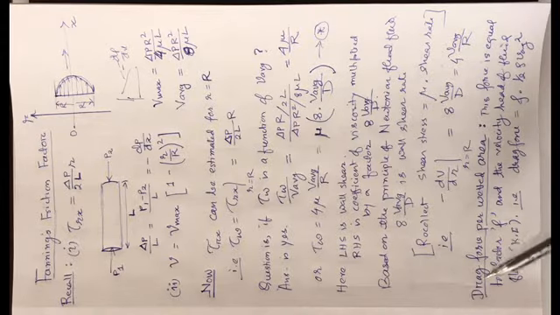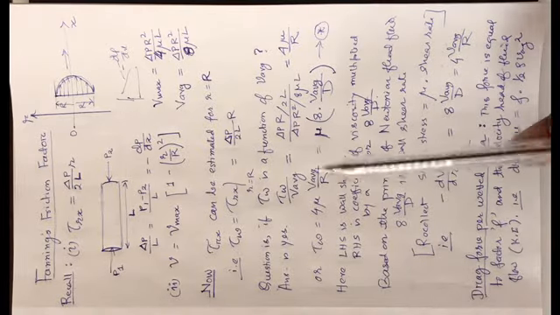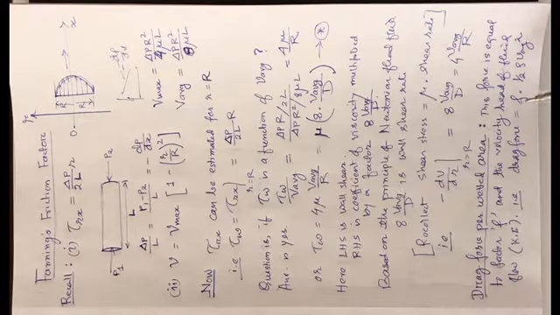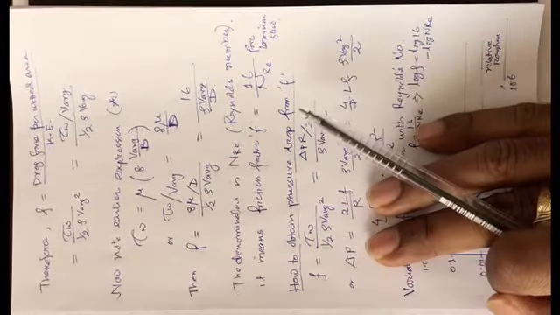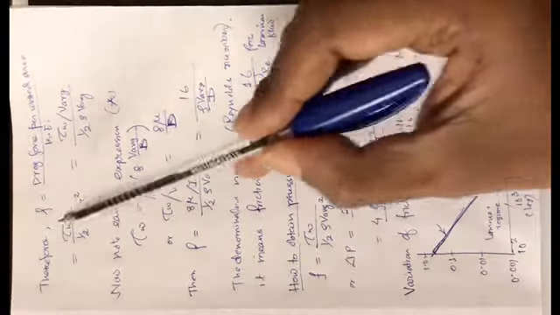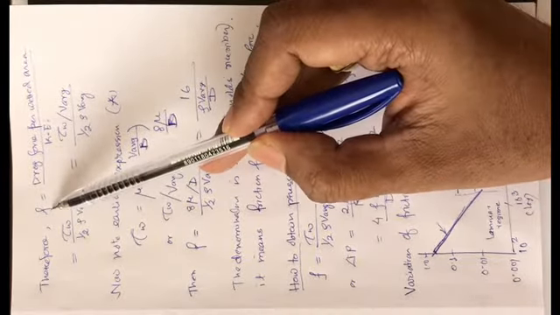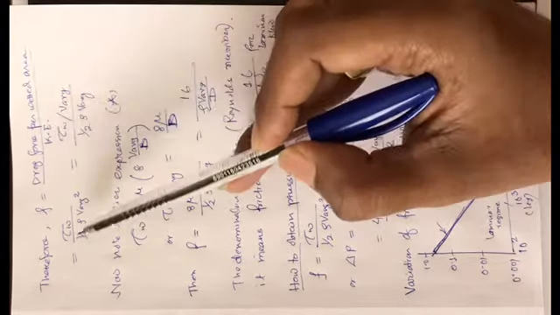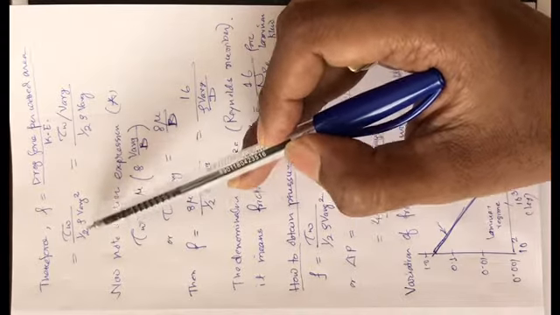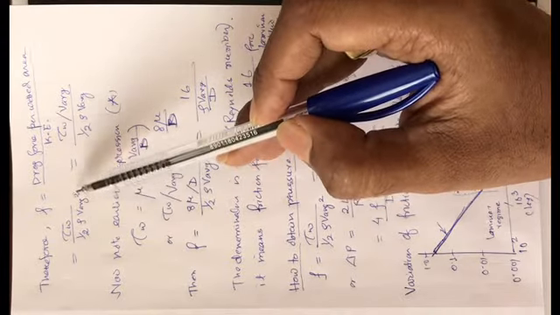So this drag force per wetted area, or tau w, is a product of F into this velocity head or kinetic energy head. Therefore the expression for Fanning's friction factor is the drag force divided by the kinetic energy head. That means F equals tau w divided by half rho V squared.